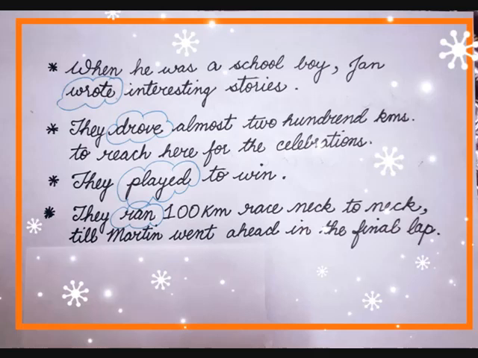They ran the 100 kilometer race neck to neck till Martin went ahead in the final lap. In all these sentences, you will see the words wrote, drove, played, ran, left are verbs. They are denoting some actions.